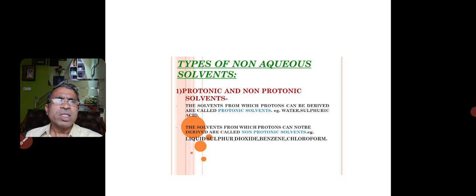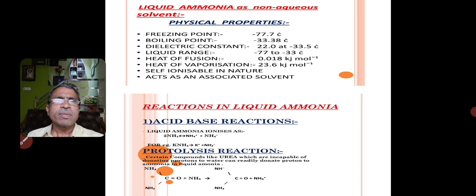Here also I have said the meaning of the protonic and non-protonic solvents. That explanation is once again given in this slide. Here also I have said liquid ammonia as a non-aqueous solvent, and all the physical properties: their freezing point, boiling point, dielectric constant, all the properties are shown here.